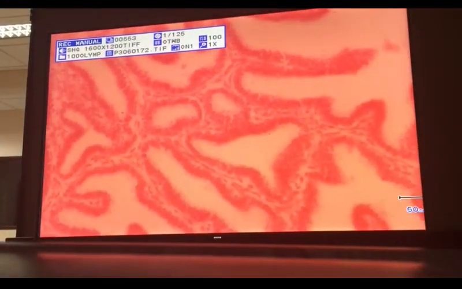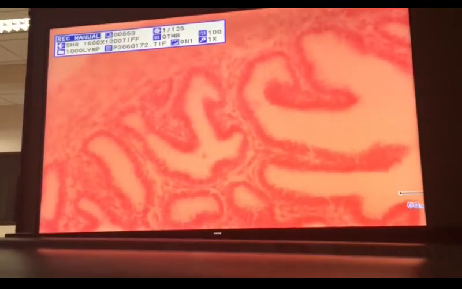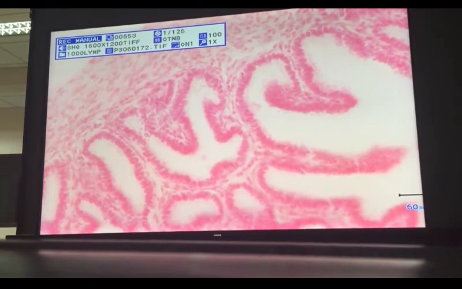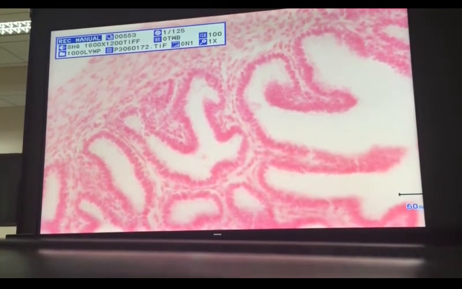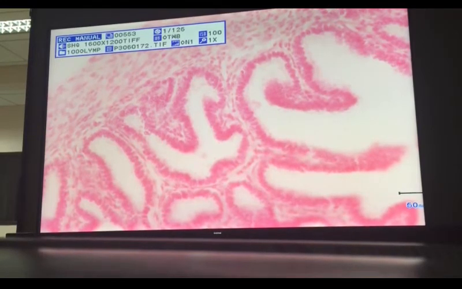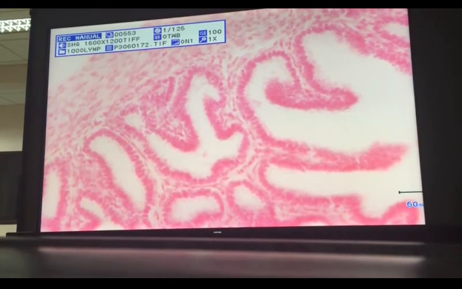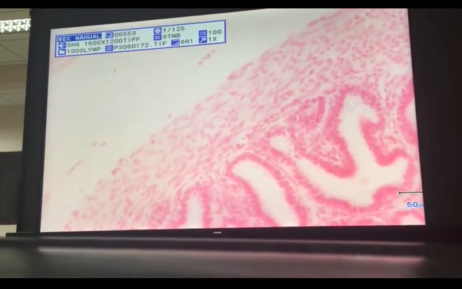Those epithelial cells. Okay, what type of epithelium? And then, what type of tissue is surrounding the secretory portions? Close. That is its tissue. Loose connective tissue.